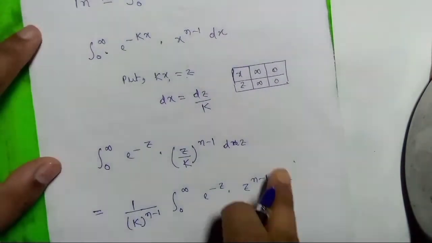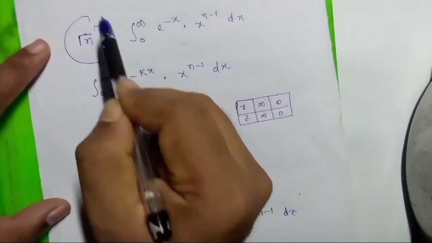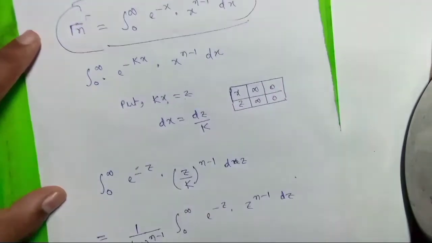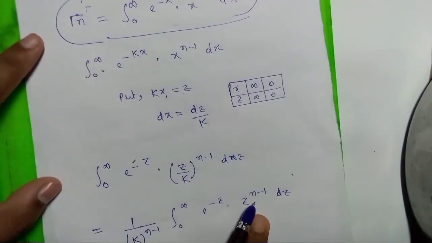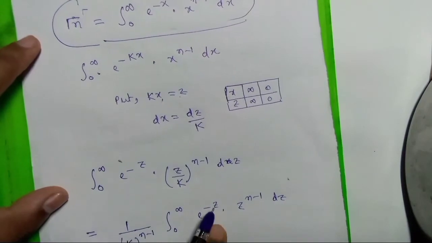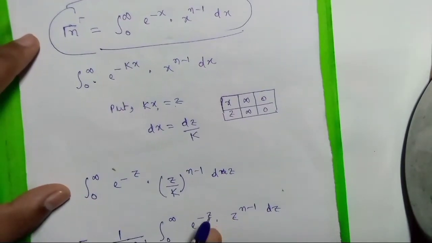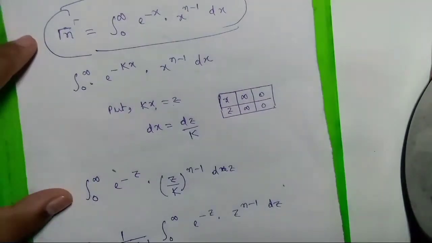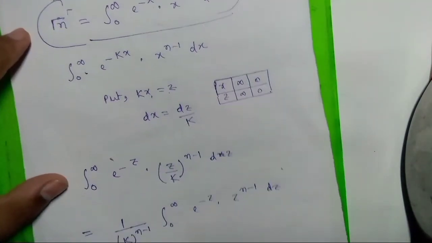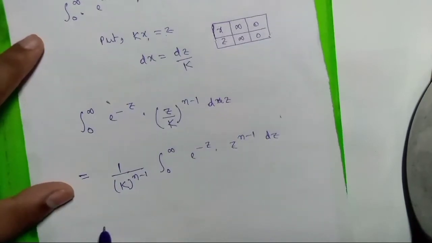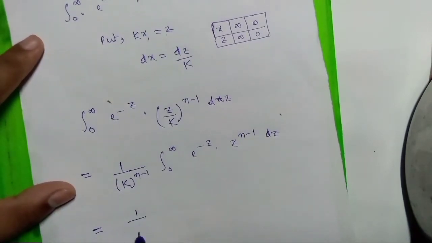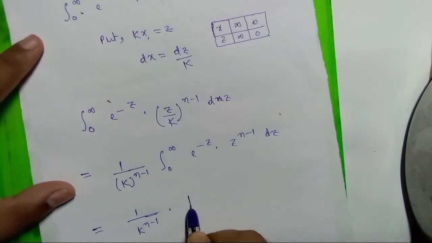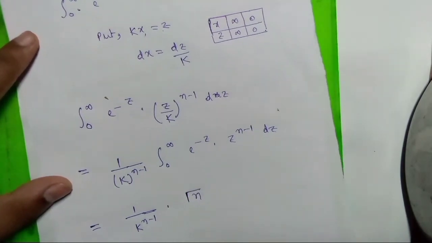Now if we apply this property, then it does not matter what the variable is. Here the variable is z, but there the variable is x, so it does not matter. So we can write simply 1 by k to the power n minus 1 gamma of n.